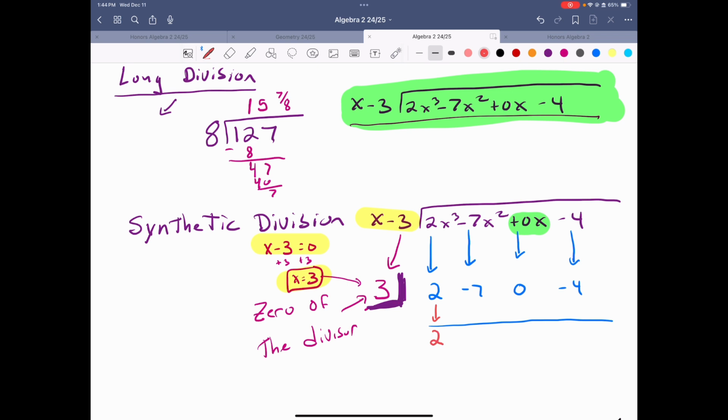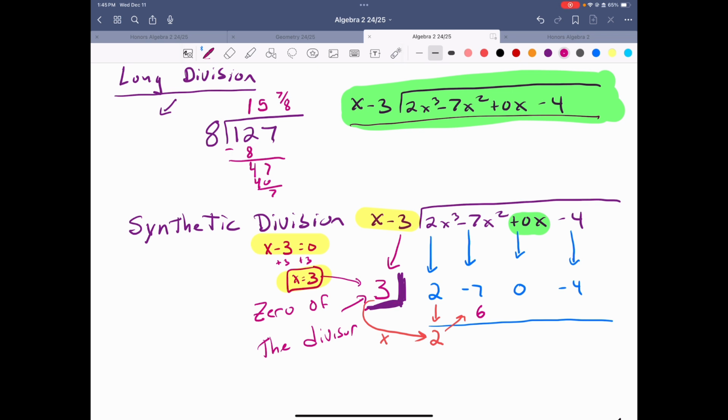Next, I'm going to take that 3 that I found and multiply 3 times 2. The result of that is going to go up above. So 3 times 2 is 6. So now I've got things above the line.